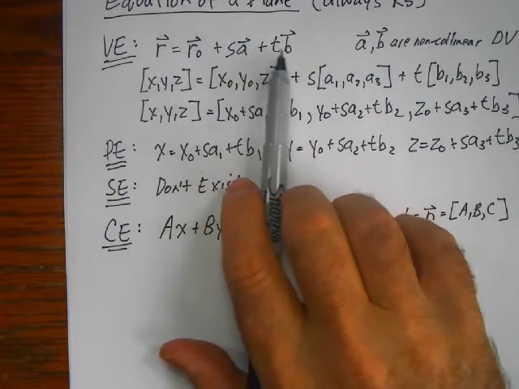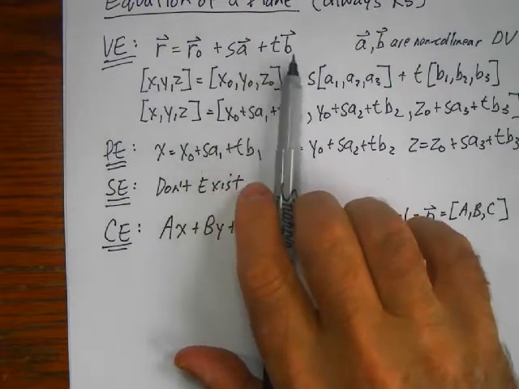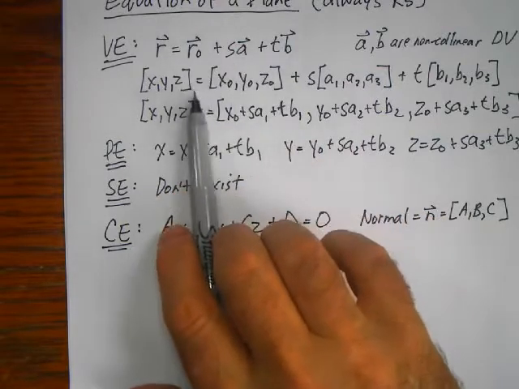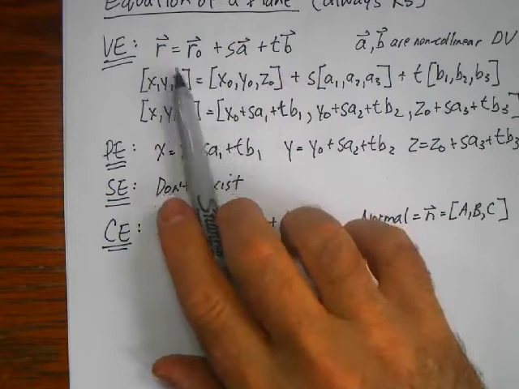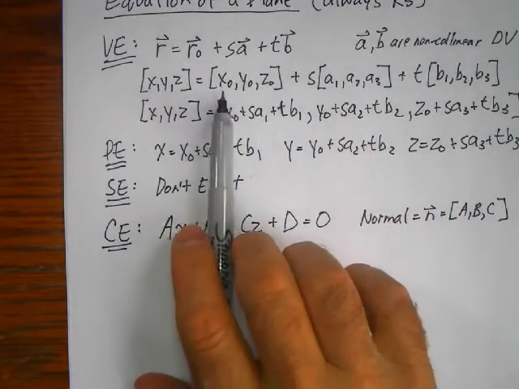So we've got this second direction vector B with a new scalar t. So that's what the vector equation looks like. If we expand it in component form like this, each one of these vectors has three components: x, y, and z components.